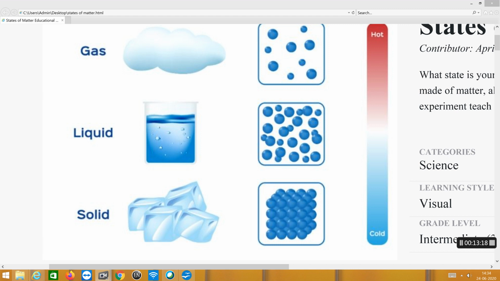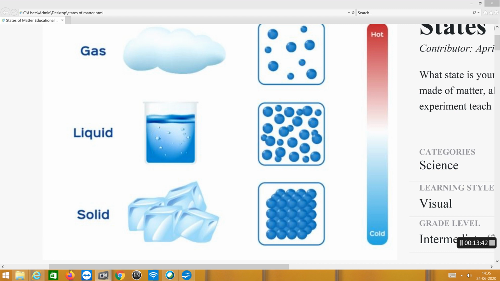At 100 degrees Celsius, water changes to steam. So the temperature at which liquid changes to gas is called the boiling point. On reverse, when we cool gas or steam, it condenses. It changes to liquid. This is called condensation.